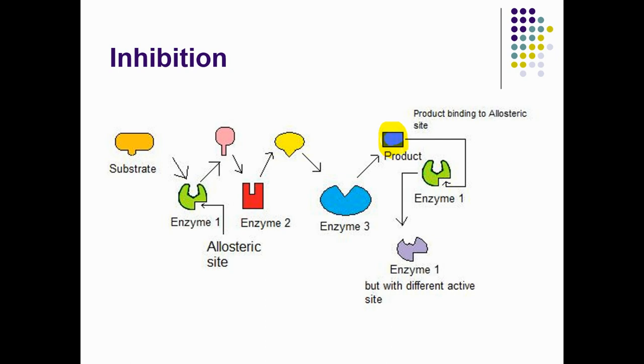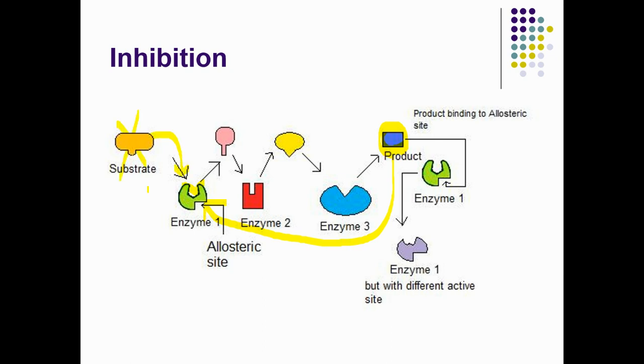And so when that product builds up, this product actually serves as an inhibitor to the enzyme at the beginning. And so when this product builds up, it will bind there. Well, when an inhibitor binds, remember that changes the active site. And so what will happen is, once this product builds up, it binds to the original enzyme, it changes that active site, this substrate can no longer get in.